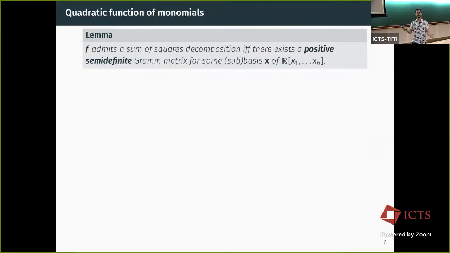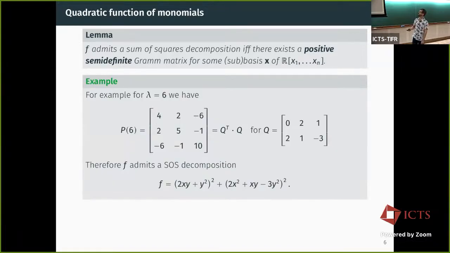And a very simple lemma from linear algebra says that a polynomial is a positive definite quadratic form, or admits a sum of squares decomposition, if there exists a positive semi-definite Gram matrix for some basis for this polynomial. And here, let me pick lambda equal to 6. So this is this one.